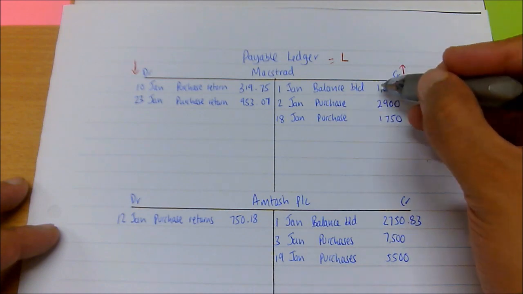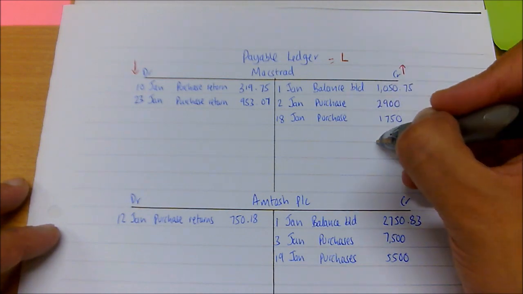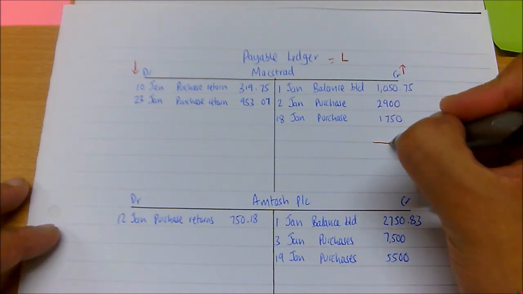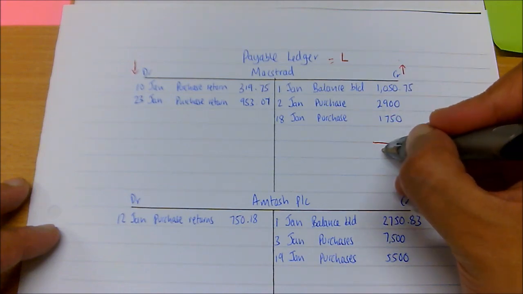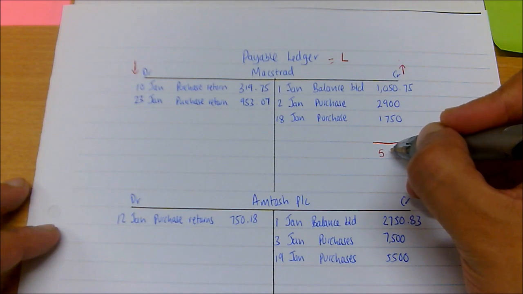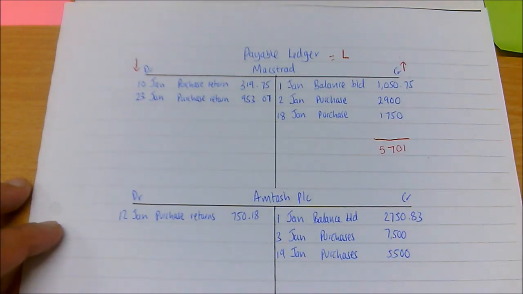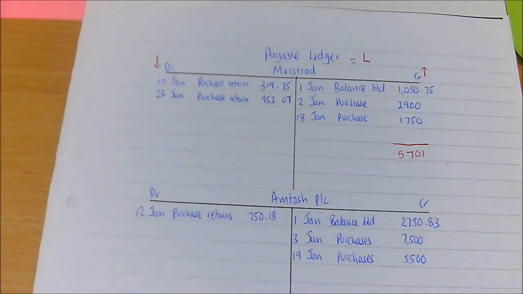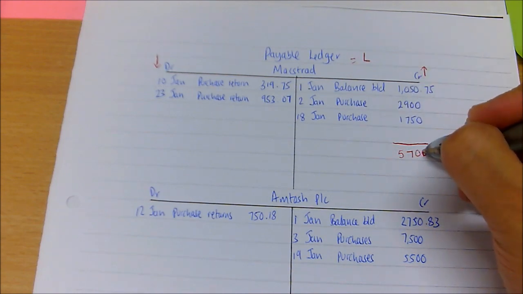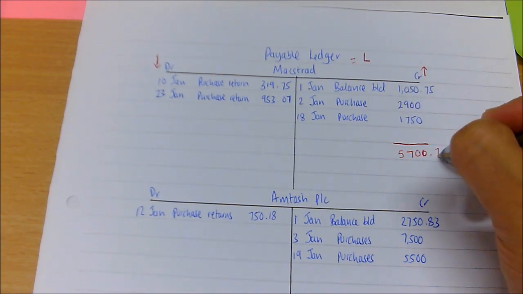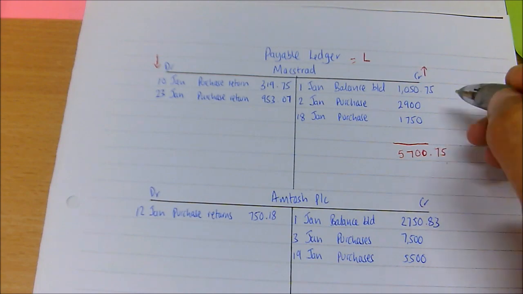In this particular scenario, this side seems to be higher, and it adds up to 5,700.75.